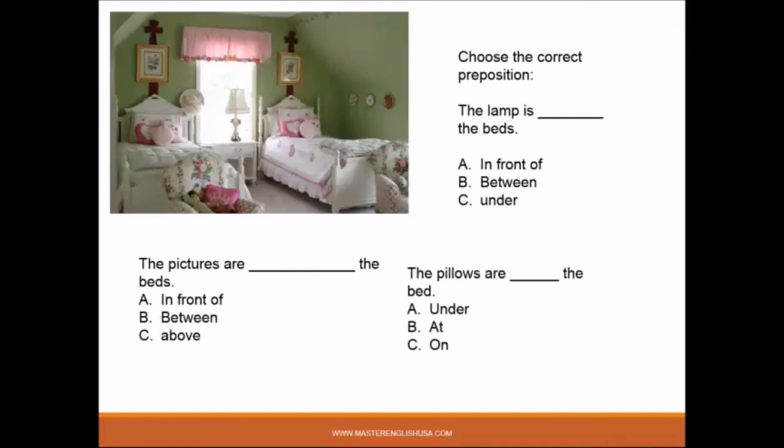B, between. The pictures are in front of the beds, the pictures are between the beds, or the pictures are above the beds. Which would you choose? The correct answer is C, above. The pictures are above the beds.